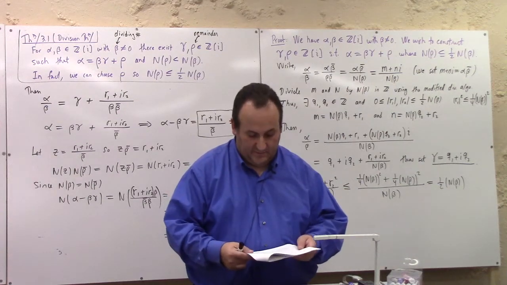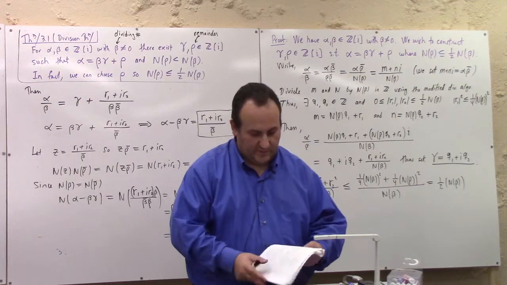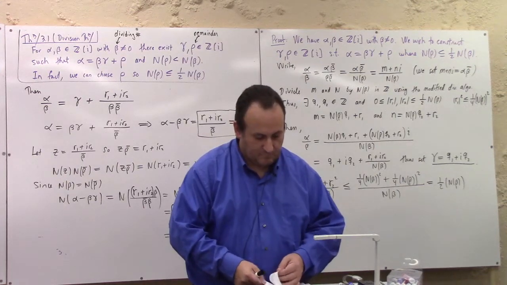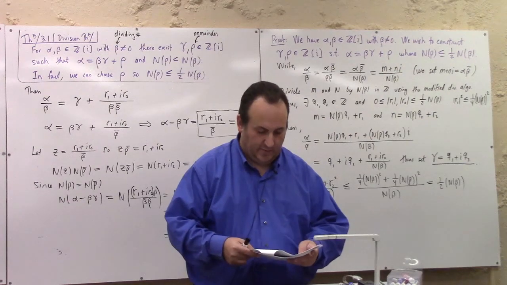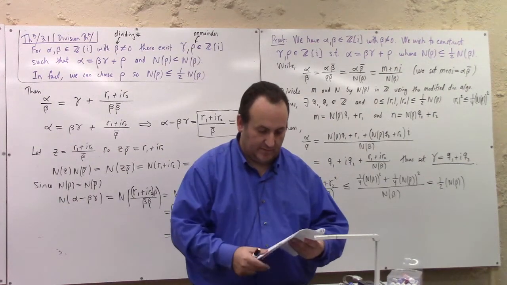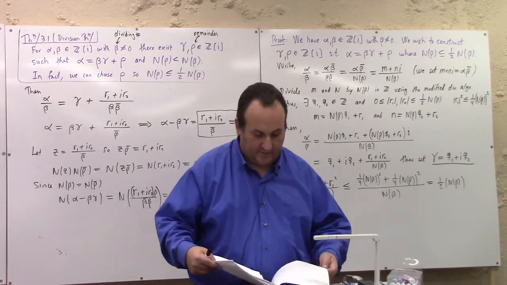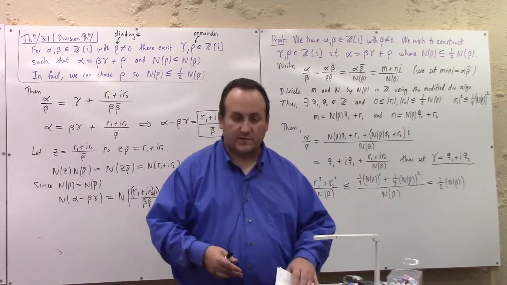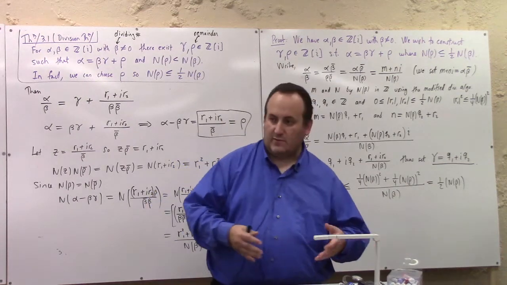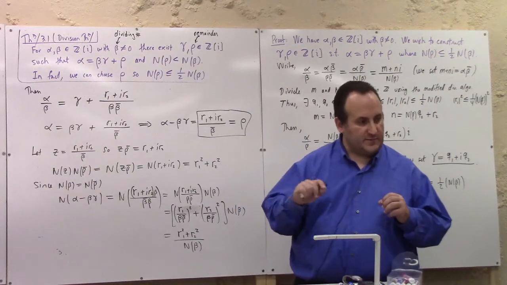There's Bezout's theorem, the greatest common divisor, more and more divisibility results, and results about relatively prime. Once we get through this, we will apply this to primes of the form 4n plus 1.